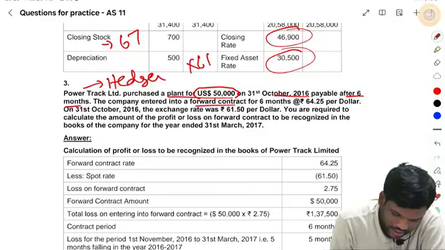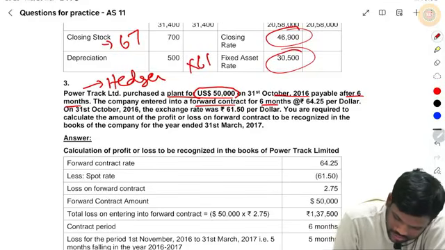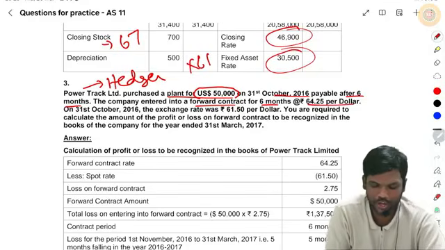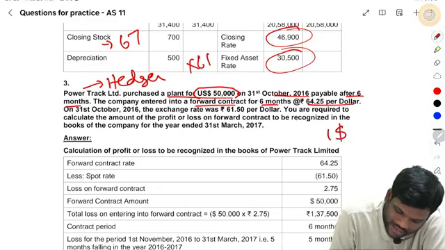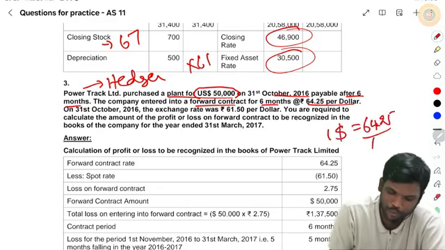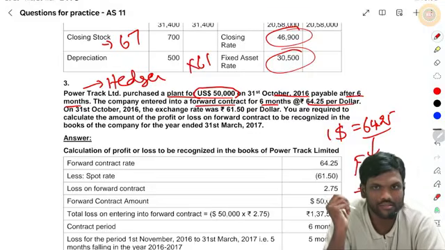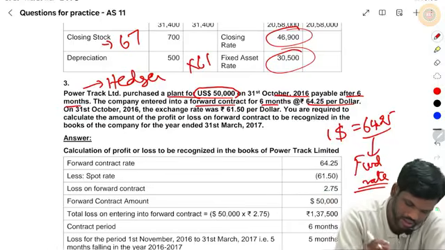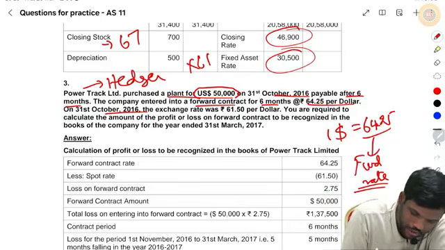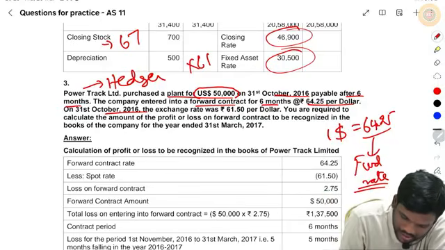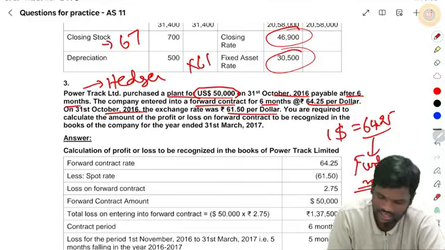So they are entering into a forward contract for 6 months at 64.25 per dollar. So the exchange rate that is agreed in the forward contract is 64.25. This is the forward rate agreed in the contract. On 31st October 2016, that is today, 61.5 per dollar is the exchange rate.